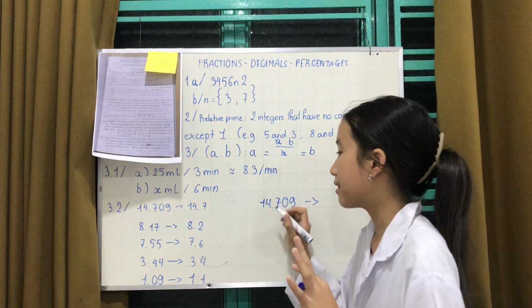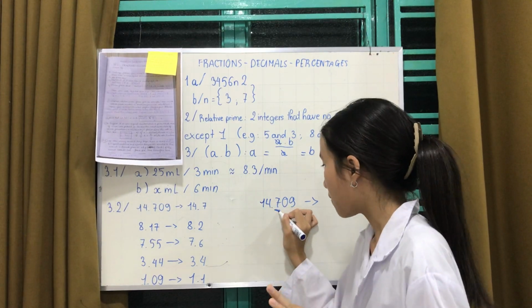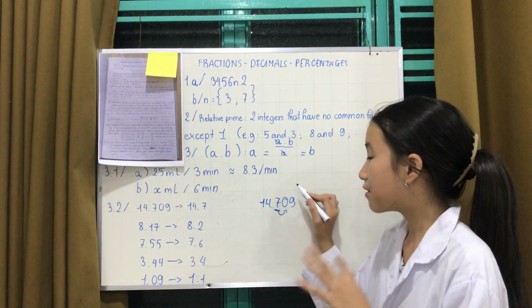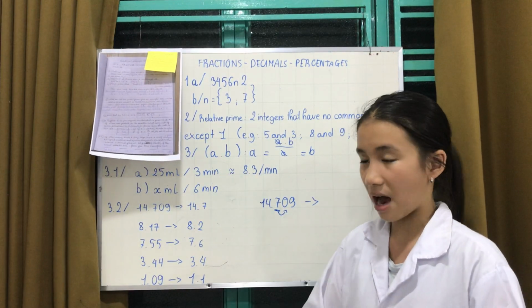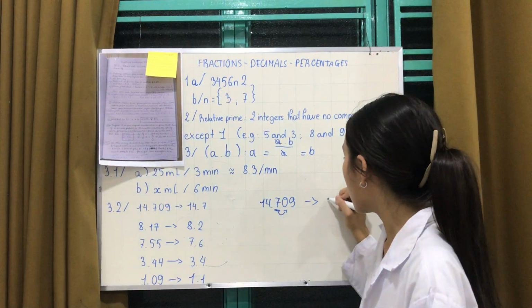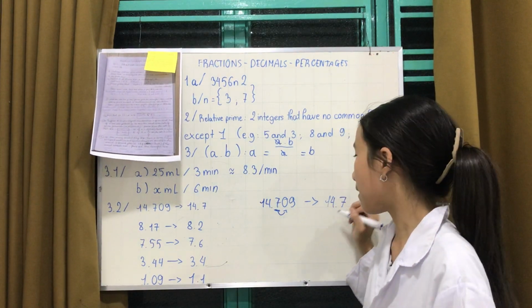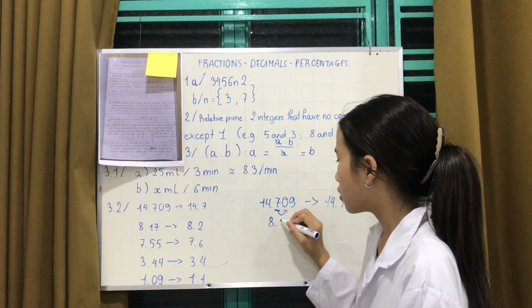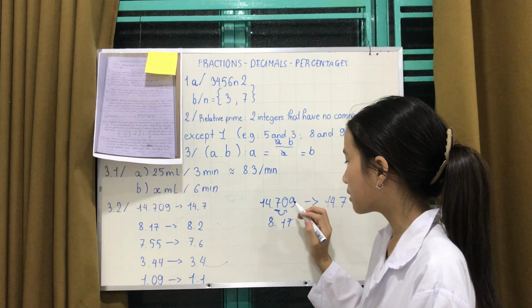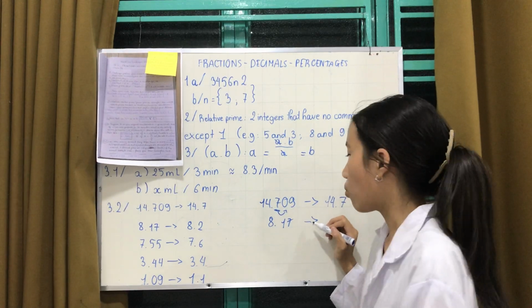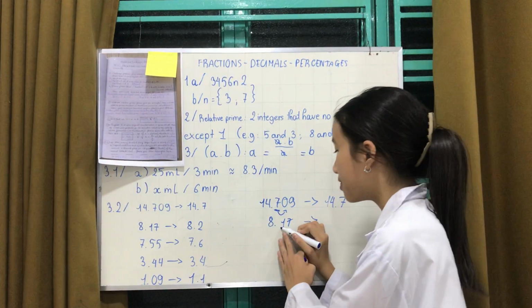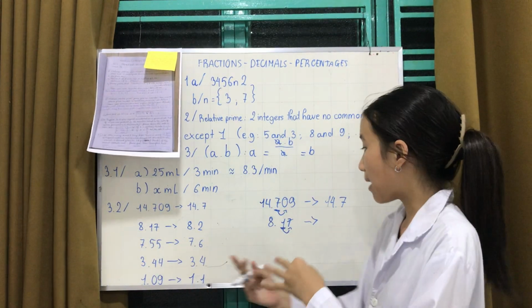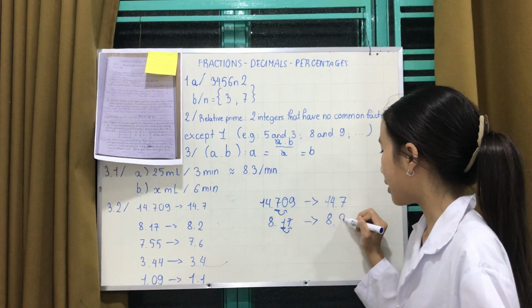Well, we know that the tenth decimal place is here, so we'll look to this. If the number is smaller than 5, then we'll round it to 14.7. But let's take another example. 8.17 will equal what? Now, in this case, the number next to it is larger than 5, so we'll round to the next number, which is 8.2.